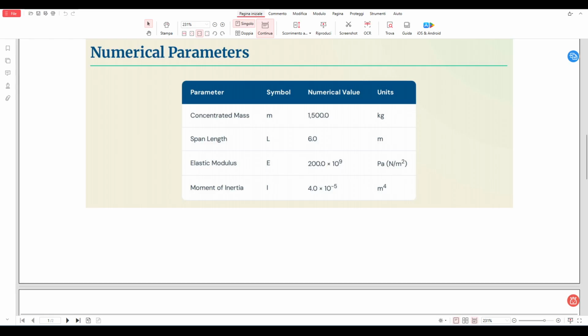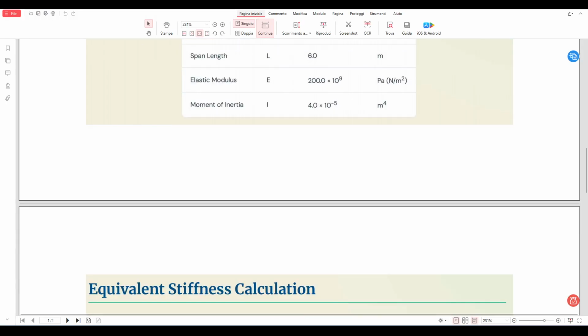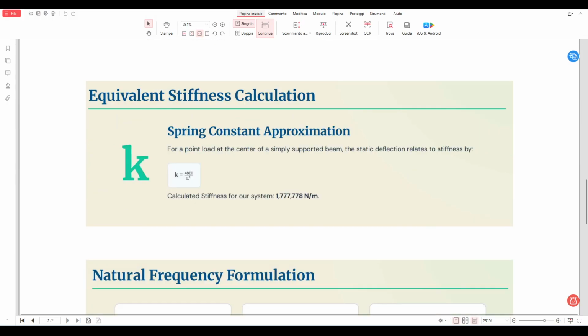For example, a concentrated mass we can take as 1500 kilograms, the span length 6 meters, the elastic modulus for steel is 200 times 10 to the power of 9 Pascal, and the moment of inertia we can put as 4 times 10 to the power of minus 5 meters to the fourth.